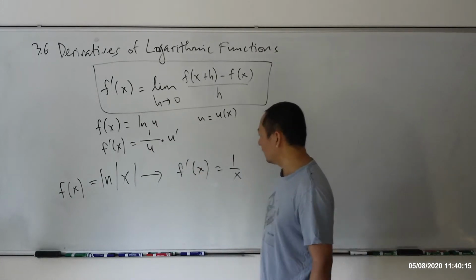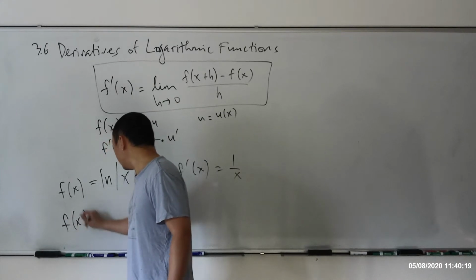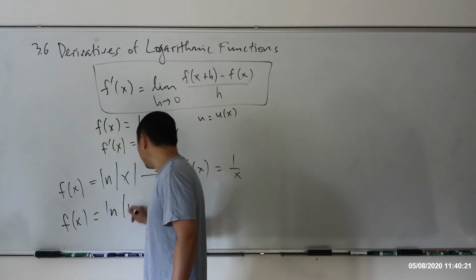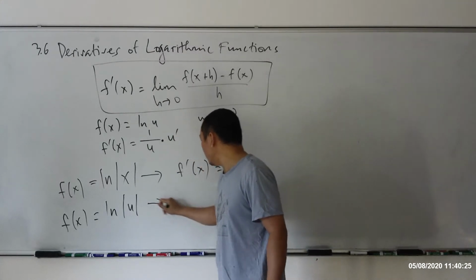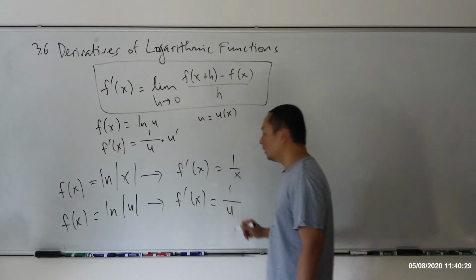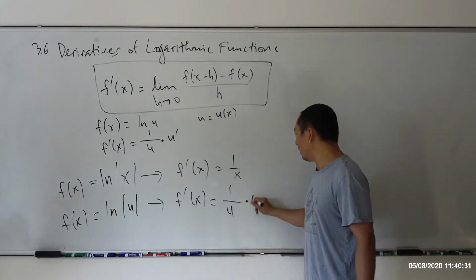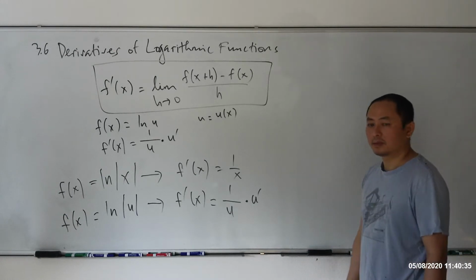And of course, a little bit more general, f of x equal to ln of absolute value of u, where u is a function of x, then f prime of x is still 1 over u. Now, don't forget to multiply by u prime.